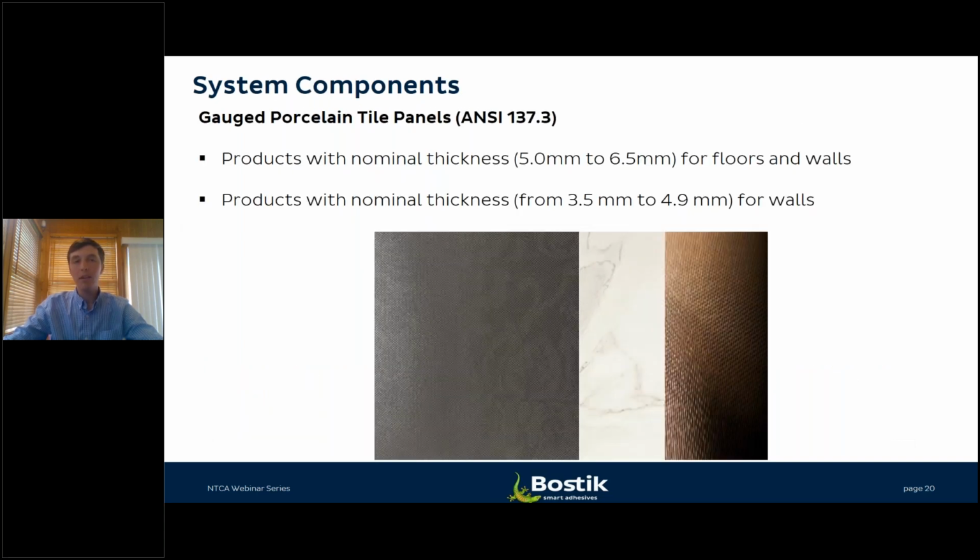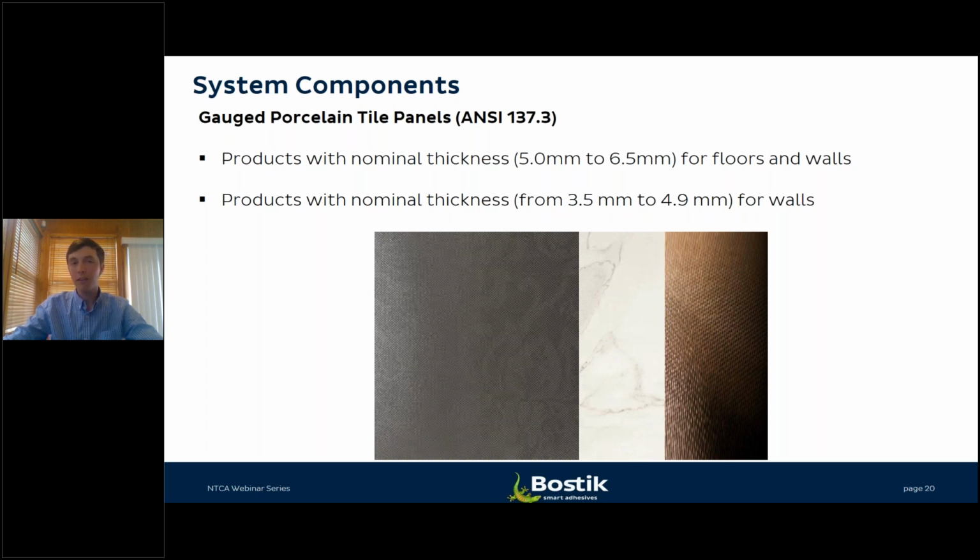Aside from that, there's the component of the tile for the system. Of course, I mentioned that there's the gauge porcelain tiles. We talked already about some of the manufacturing processes. There's the Lamina method, the Continua method, and then there's also the large format dust press methods that exist in the market. I'm sure there's a few others, as this industry is so rapidly investing and rapidly changing as well.